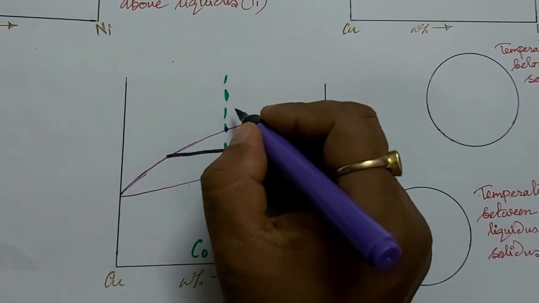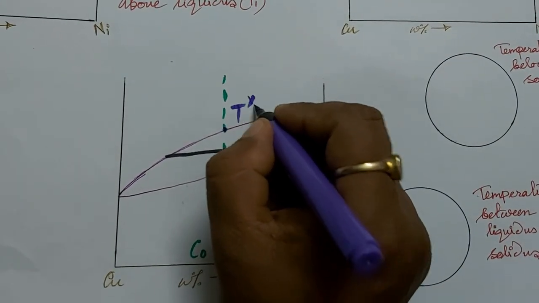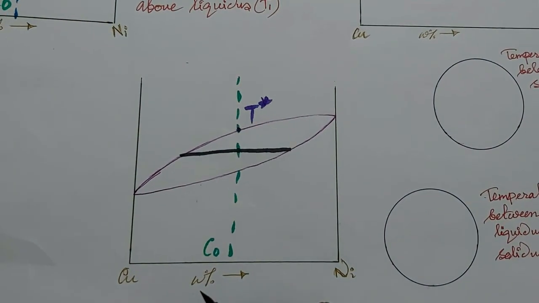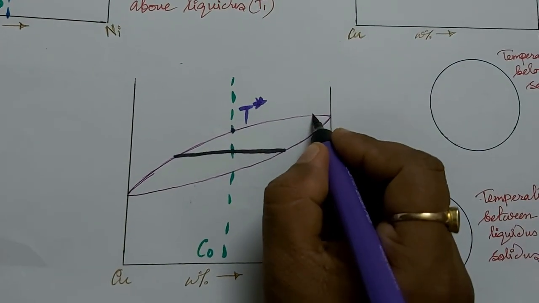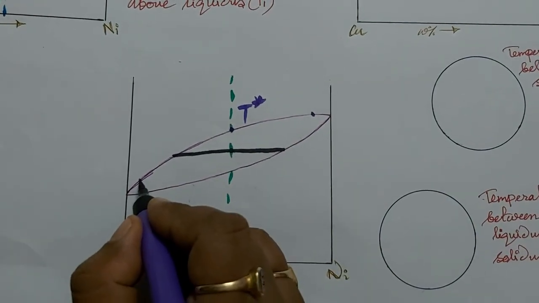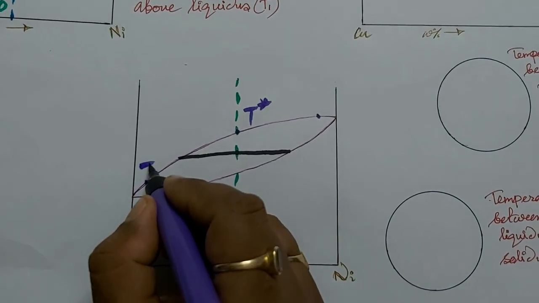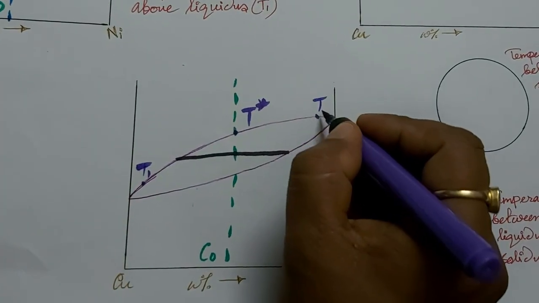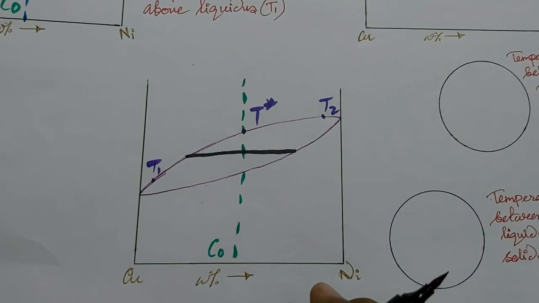This point is T star. Here, let us say we have one point, and in this position we have another point. This point is T1 and this point is T2.